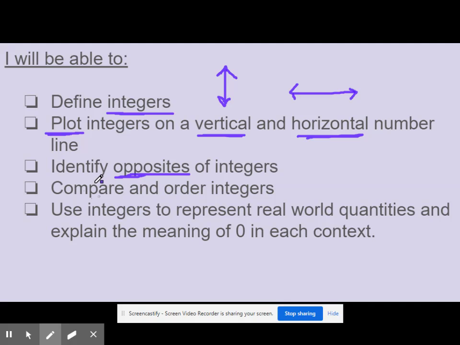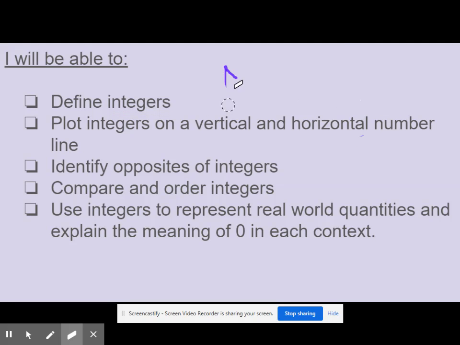We want to be able to compare and order integers, and then we want to use them in real world situations and explain what 0 means in that context. So we have 5 main vocabulary words that are going to be important to your success in today's lesson. So we've got a lot to be able to do in order to be successful.